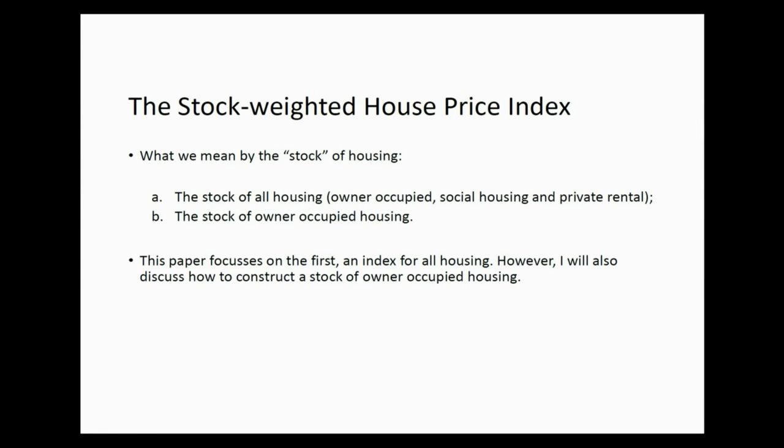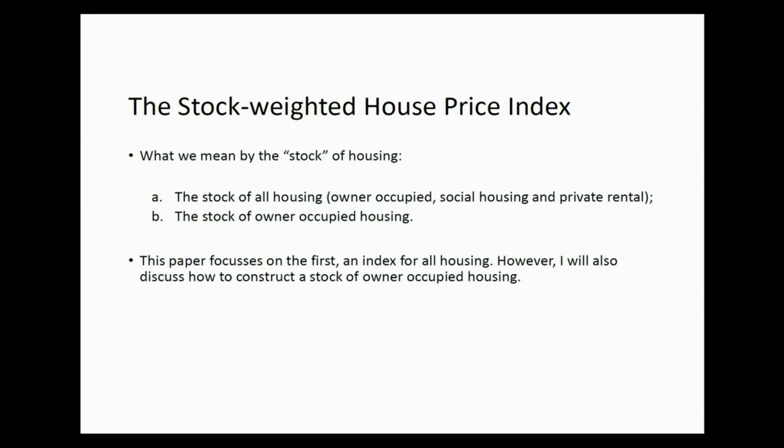So what we wanted to do was to develop a stock-weighted house price index, something which really represented what was going on, reflecting the whole stock of houses. The first question here is, what do we mean by the stock of housing? There are two possible meanings, well, there are more than two, but we can concentrate on two. There's a stock of all housing right across the board, owner-occupied, social housing and private rental.